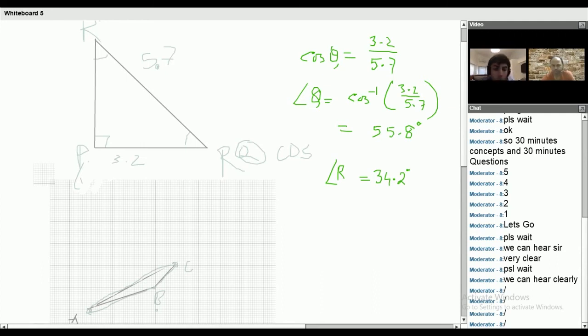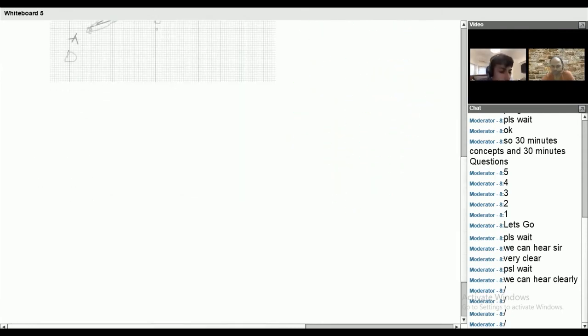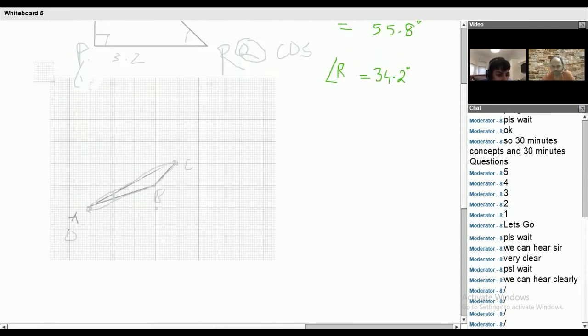But what will be the angle common between A and B? Okay, just I am trying to give one hint.